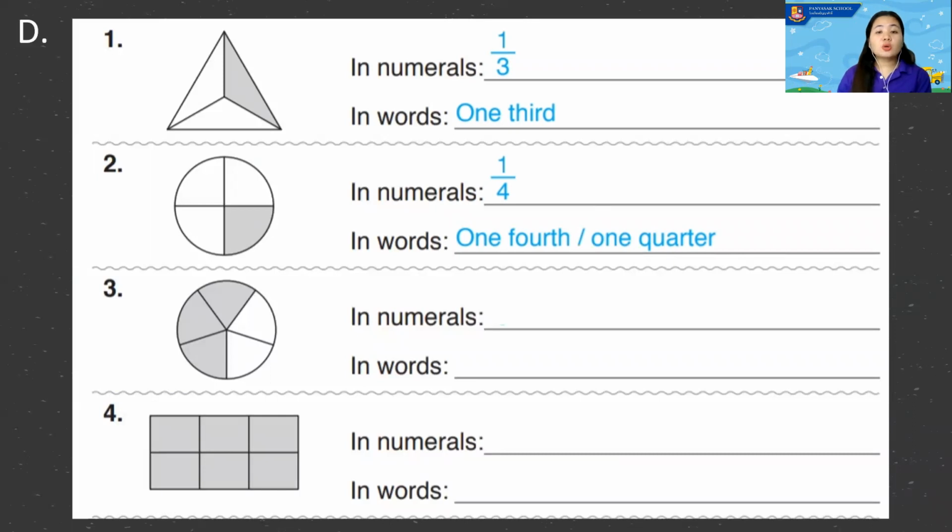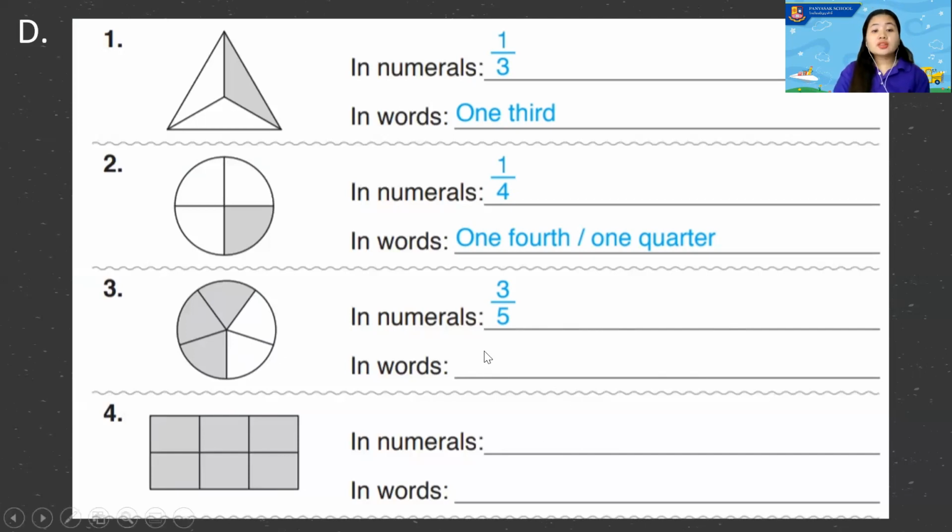Next, let's go to number 3. Let's count again how many shaded parts there are. 1, 2, 3, so that is 3, and the total is 1, 2, 3, 4, 5. So that is 3/5. Nice. How about in words?